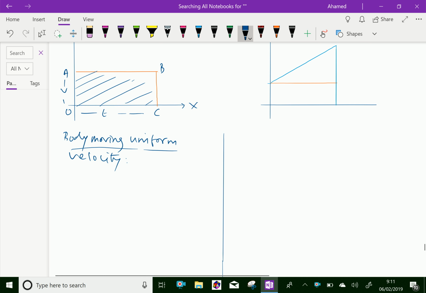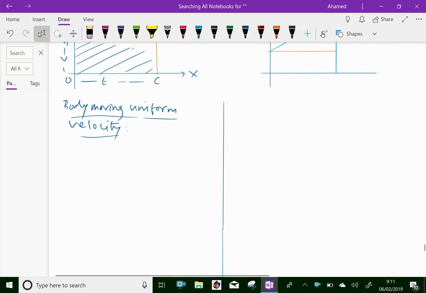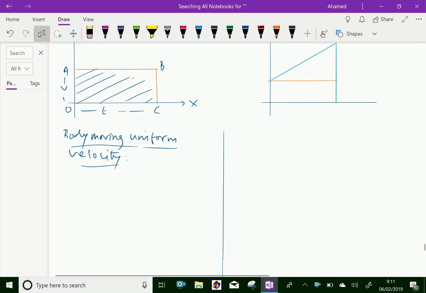Now let us discuss this one first. Consider the motion of a body which is represented by the graph OABC as shown in the figure.